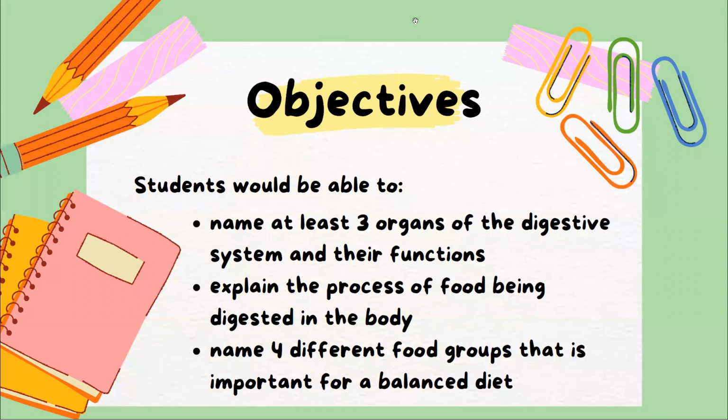First things first, of course, we need to know our objectives for this lesson. Number one, you'll be able to name at least three organs of the digestive system and their functions. Why functions? What do you guys think? Yes, it's their job. What type of job does a certain thing have in the system itself?